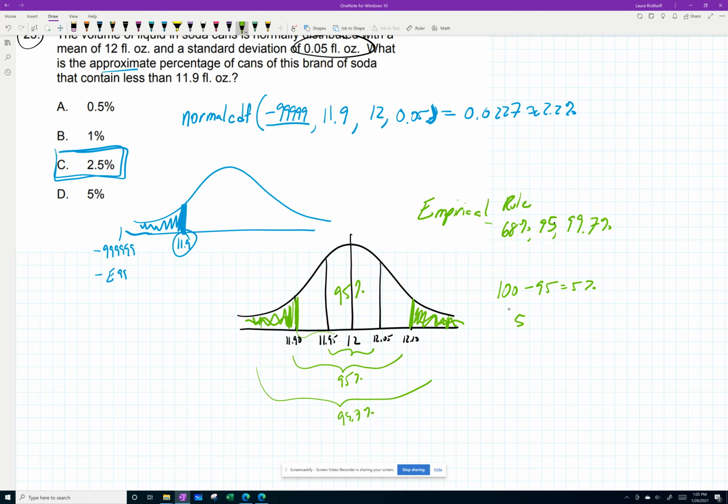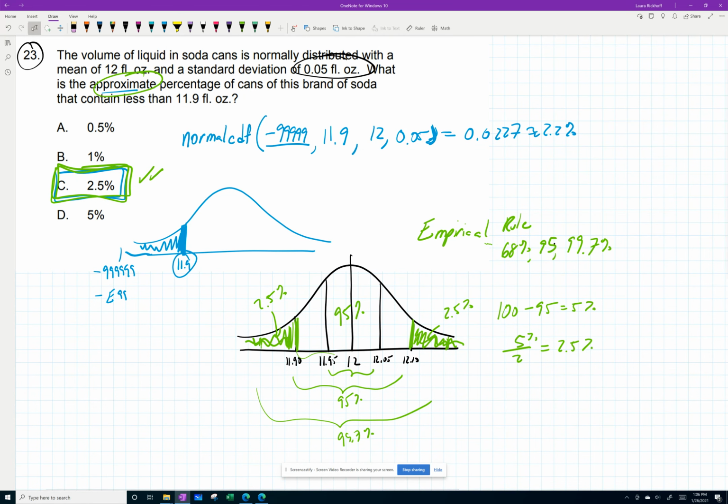If I split that 5% into two, there's 2.5% left in each tail. 2.5%, and that's where they approximated the 2.5% there. So even if you didn't have a graphing calculator, you could get a rough estimate of that percentage.